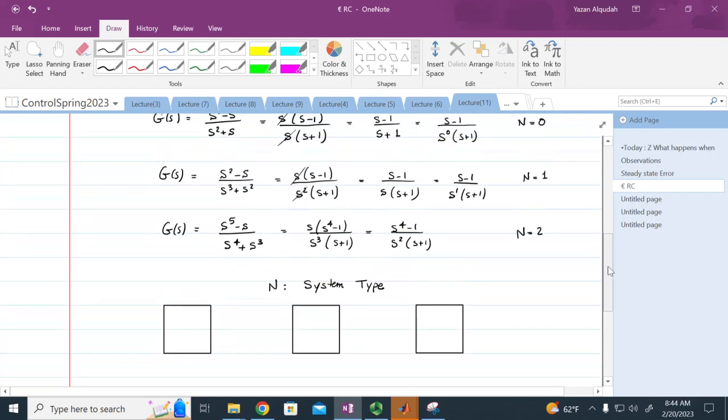Okay, let me ask you, what do you think this n is? Which one? 1 plus 2, 3, correct? Yeah, I can count. What is the significance of n in a system?